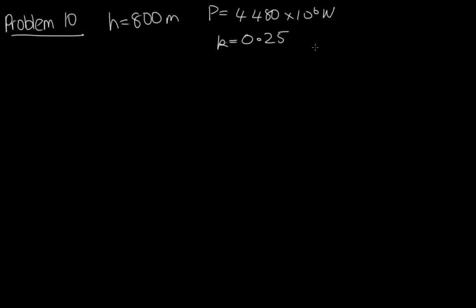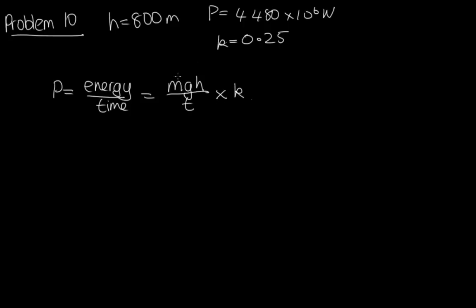We're asked what is the volume flow rate of water through the snowy mountain scheme. So we know that power is equal to energy over time. In this case, we're using energy in the form of gravitational potential energy stored in the water. So this energy is mgh over the time, and then we need to times it by the efficiency.